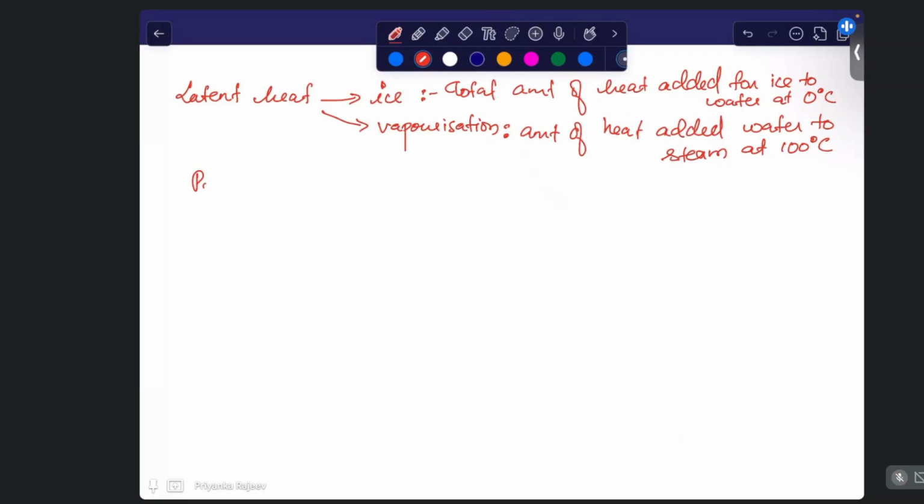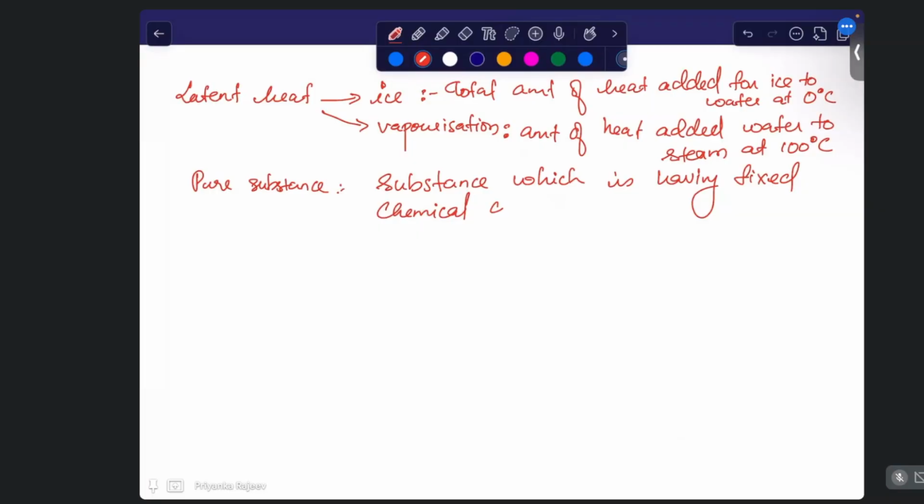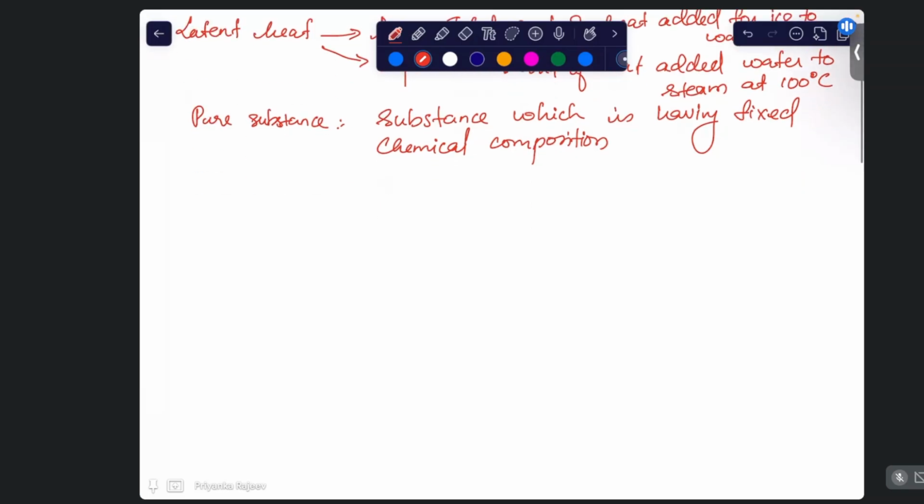So, pure substance: a substance which has a fixed chemical composition. Then we have saturation temperature and pressure.